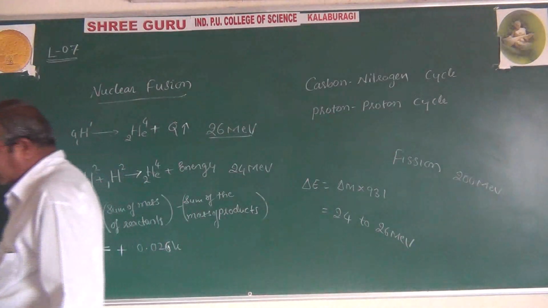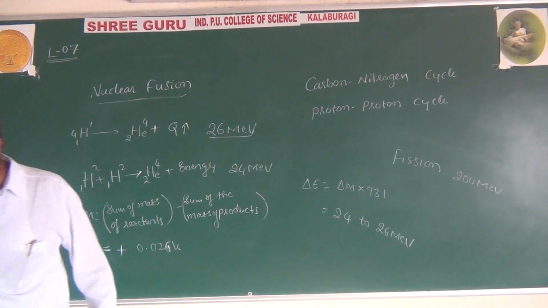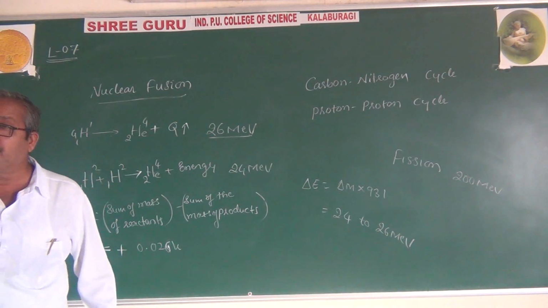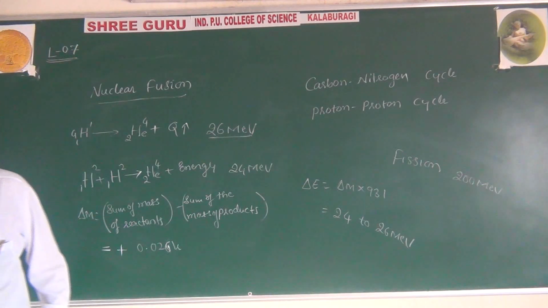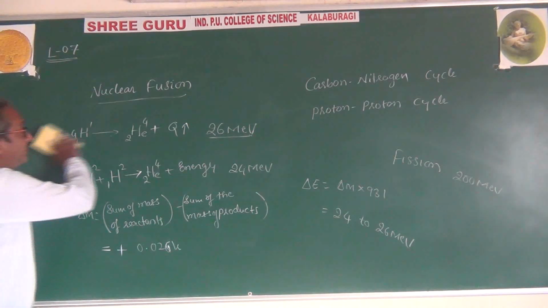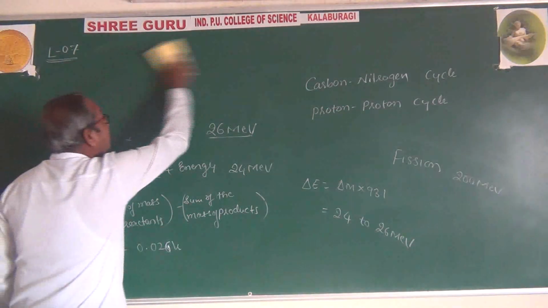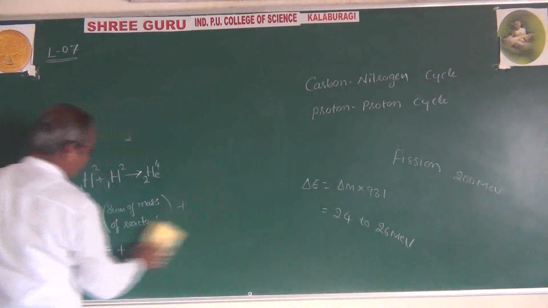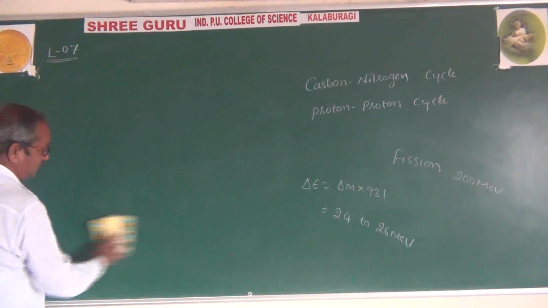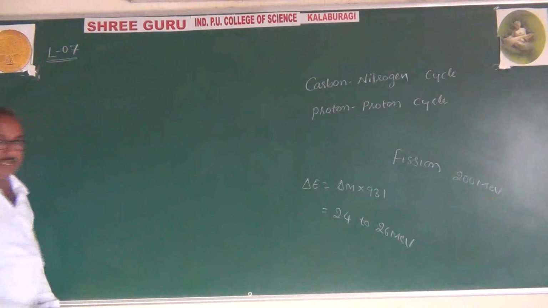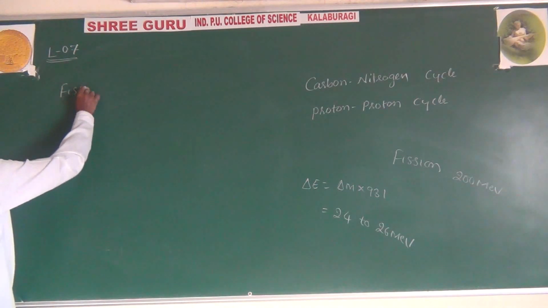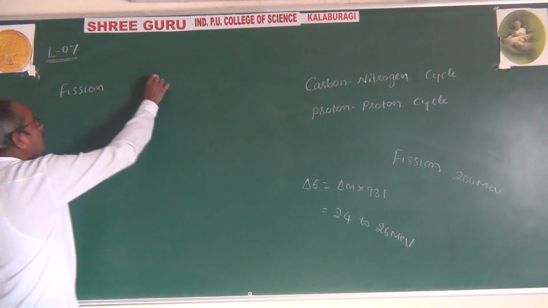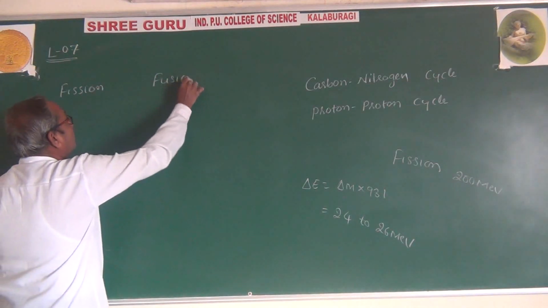That means the energy released per fission is more than that released per fusion. So there are a few differences between the nuclear fission reaction and the nuclear fusion reaction.